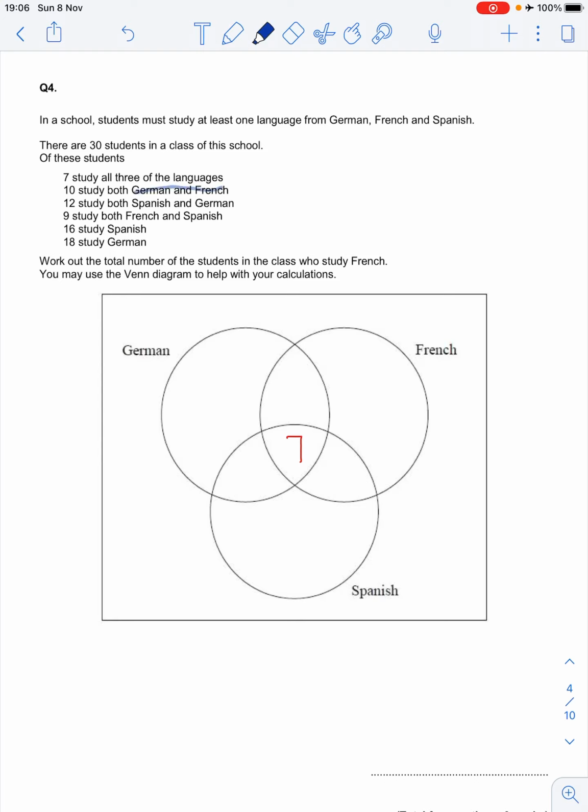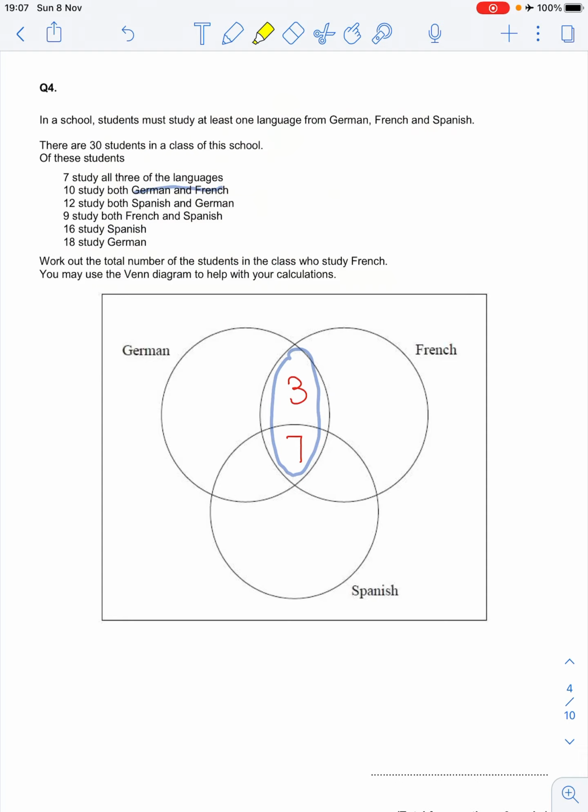So German and French is this intersection here. So this part needs to add up to 10. So we have 7. Therefore, how many more do we need to make 10? So this part is 3, because 3 plus 7 gives us 10. Next part, Spanish and German is 12.